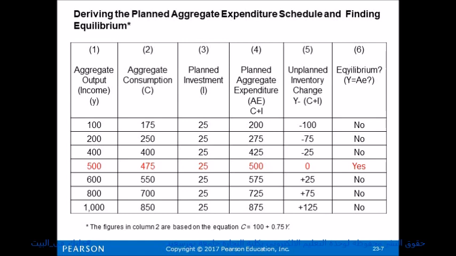Only at that income level, which is 500, equilibrium is achieved. In this case, we can see that Y equals C plus I, 475 plus 25, sum up to 500. So only at an income level of 500, aggregate expenditure is equal to aggregate output, or income.